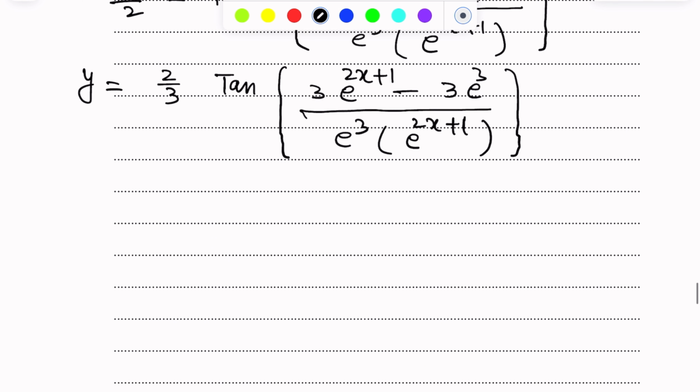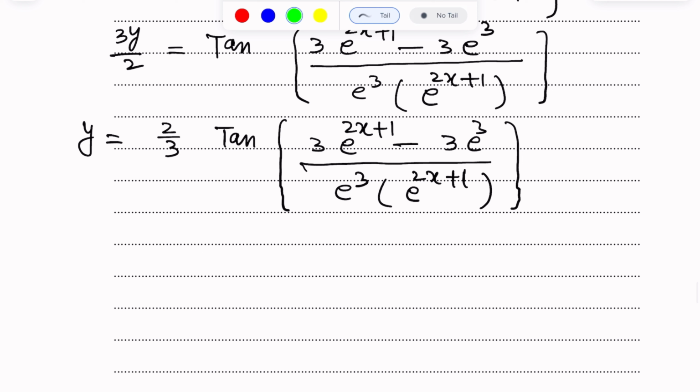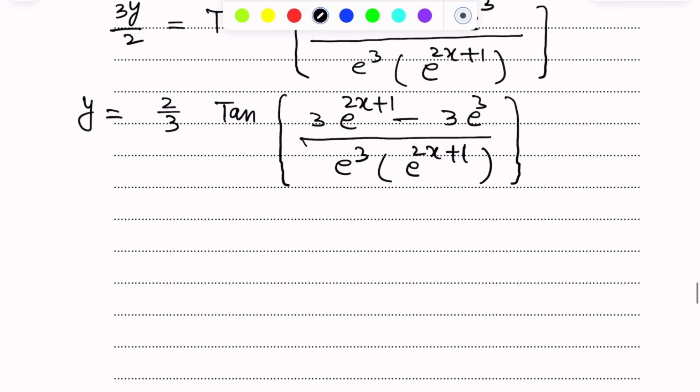Now for further simplification, we can divide each term of the numerator by the denominator. Each term of the numerator can be divided by the LCM denominator.